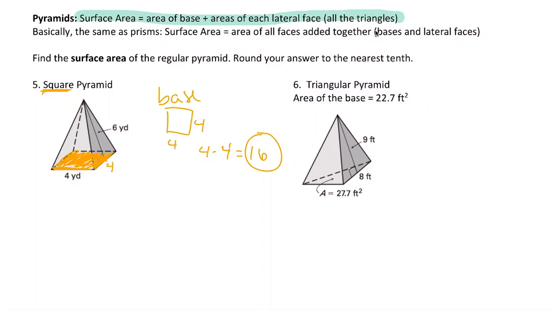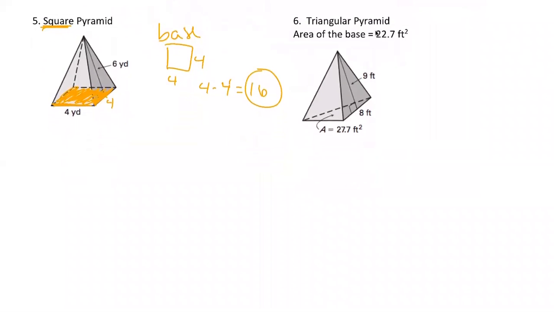All right, so now the areas of my triangles are going to kind of look like this. So here's what the net looks like when I open this whole thing up. I have my square base, right? There's my 4 by 4. And then the 4 triangles are going to come off, and hopefully they're going to actually touch the edges of that square base. It kind of looks like that a little bit.